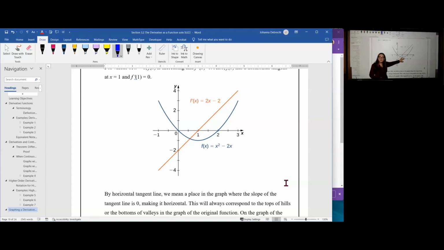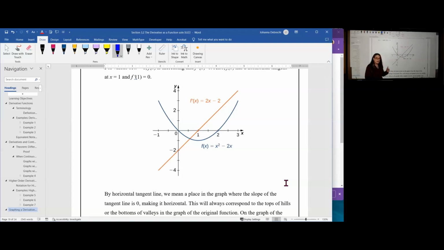That's the location of the vertex. We have a minimum at that value. Notice that the minimum value here is creating an x-intercept in the derivative. Basically, the tops of hills and the bottoms of valleys become x-intercepts on the derivative.